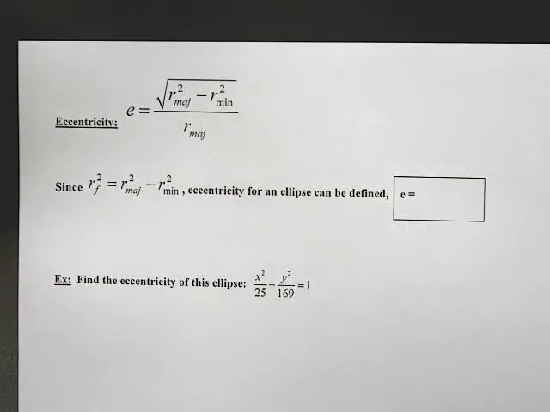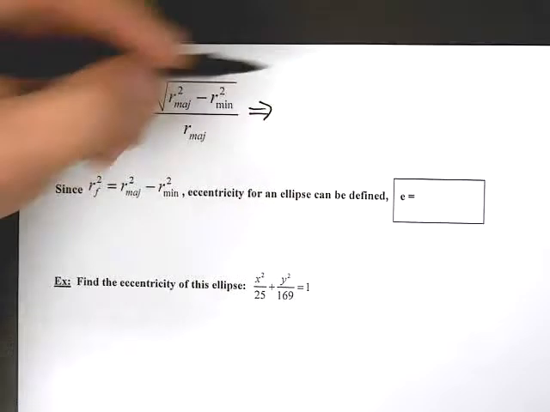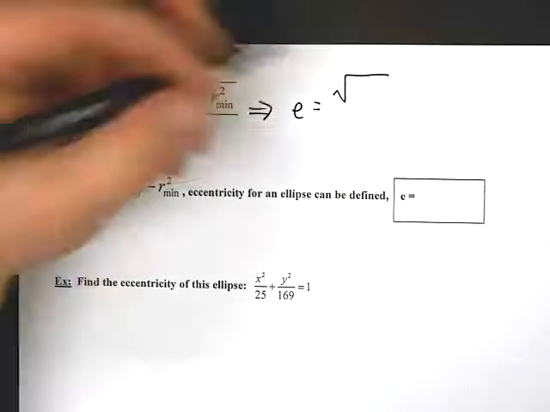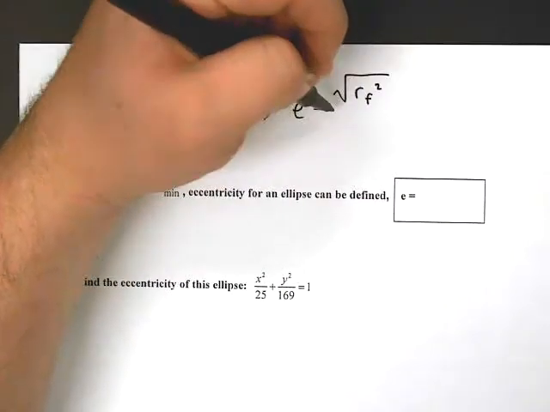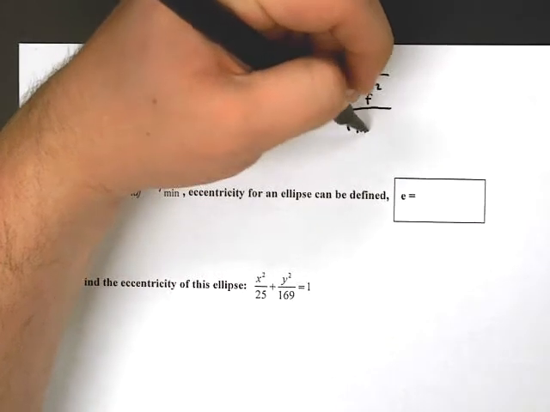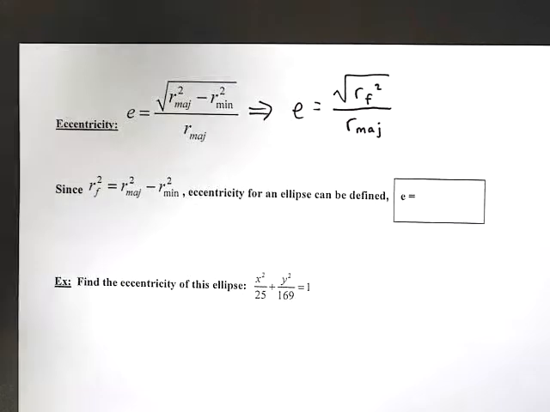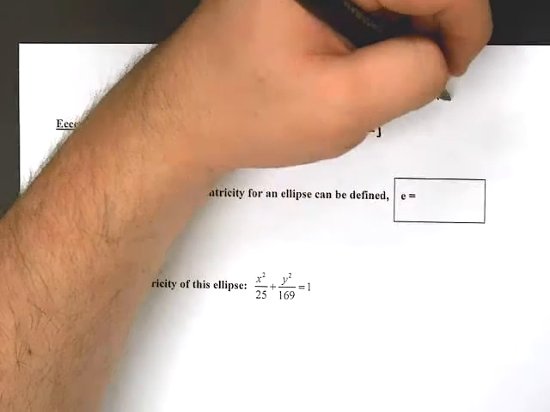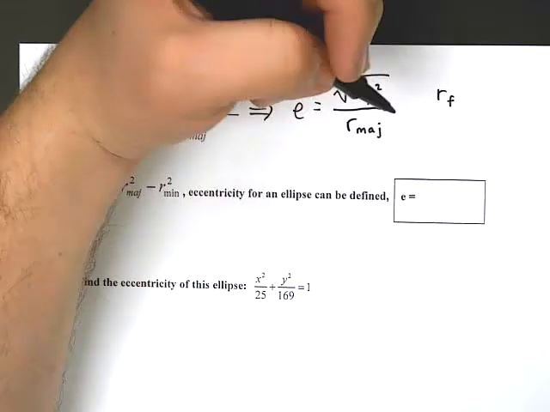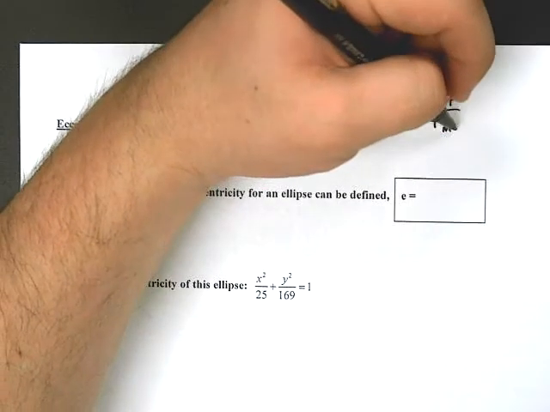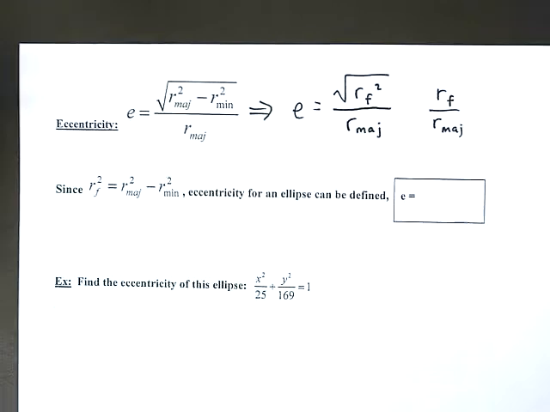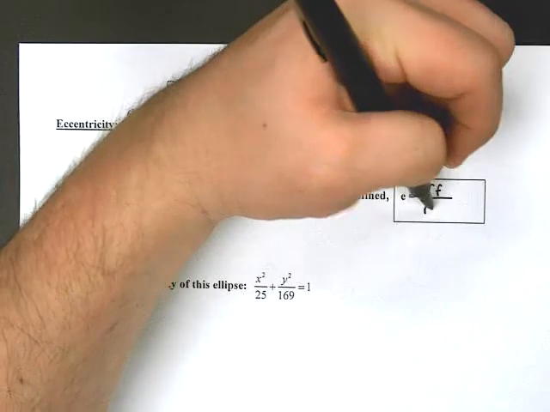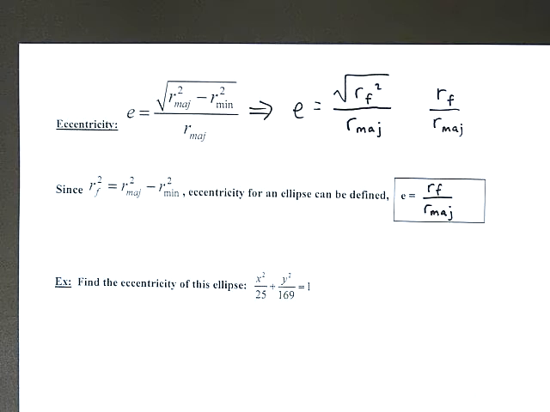So I am going to replace part of the numerator. I need the square root, but I can now call this r sub f squared, and this is still over r sub major. Taking the square root of a square just means we have r sub f over r sub major. And so now we have an easier formula for the eccentricity of an ellipse.